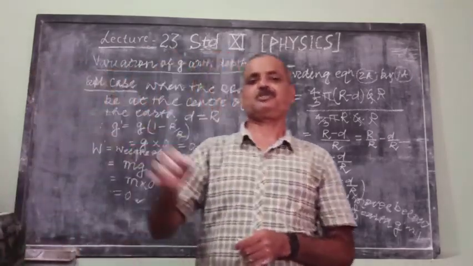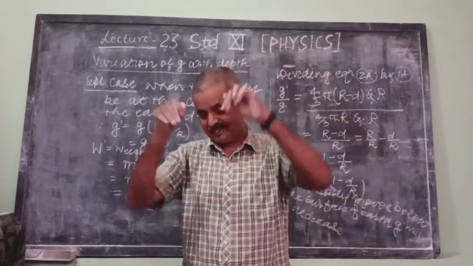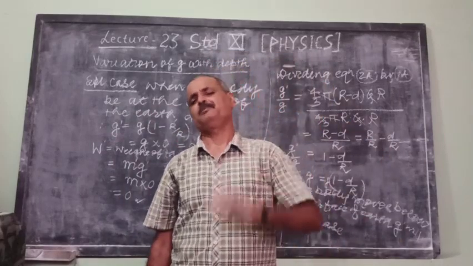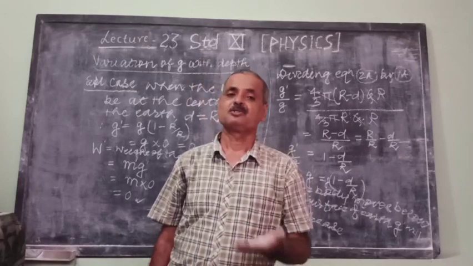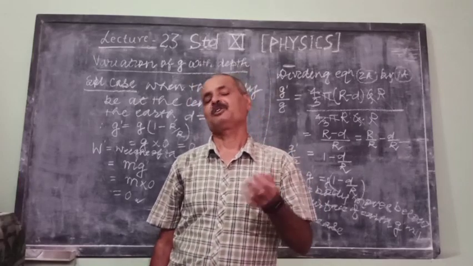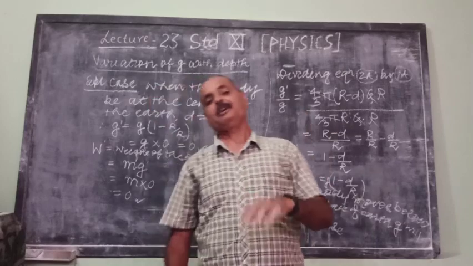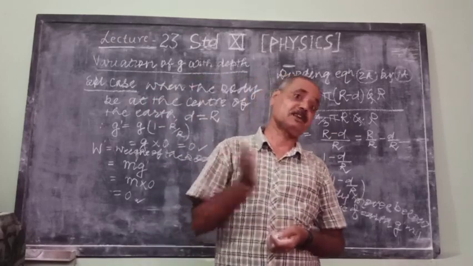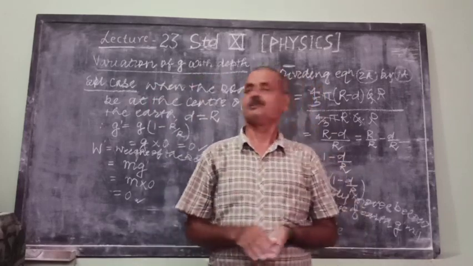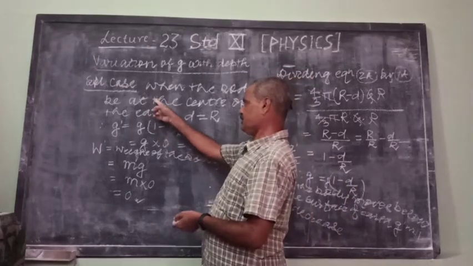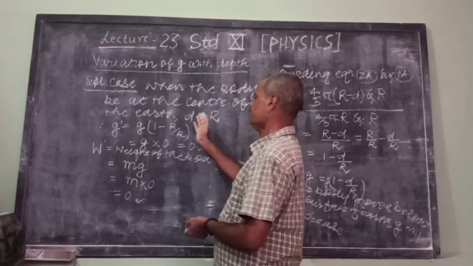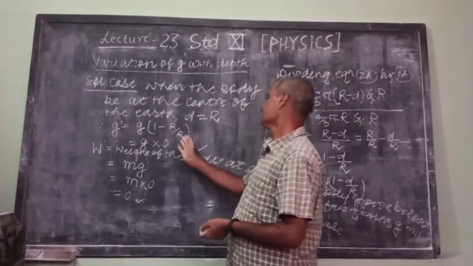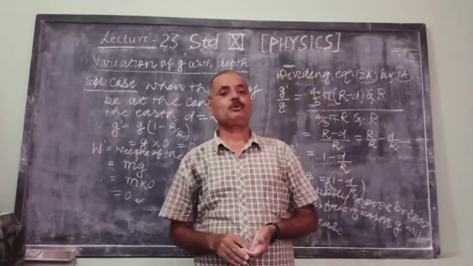If any body is taken at the center of the earth, what will happen to its weight? That will be 0. And another question: at which point will the value of acceleration due to gravity be 0? That was the first special case we had derived, when the body is at the center of the earth. In that very case, g dash equals 0.